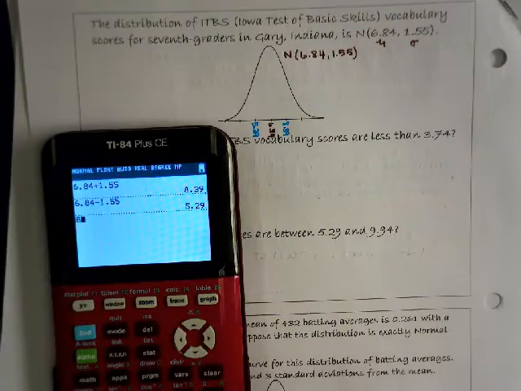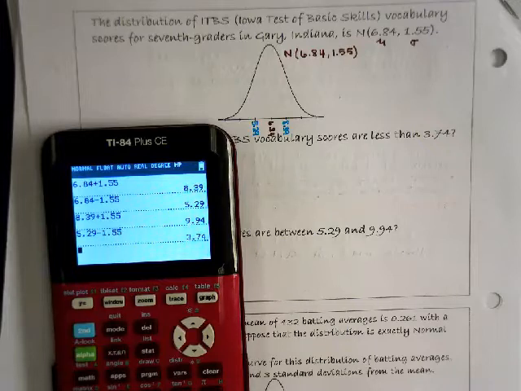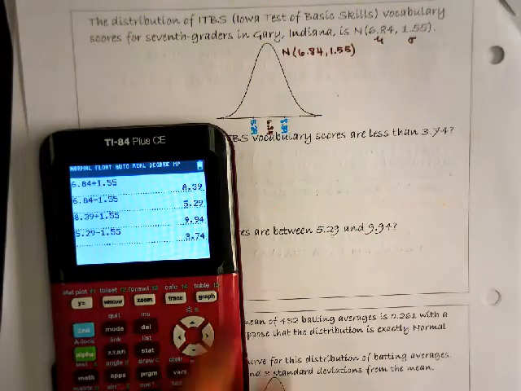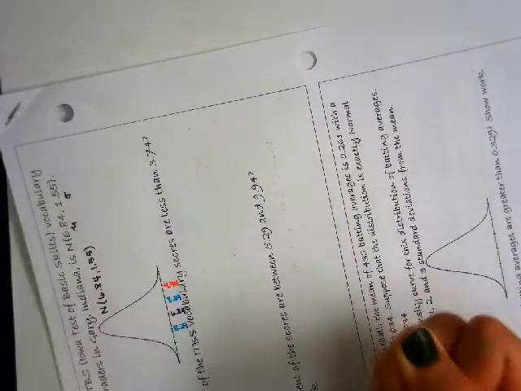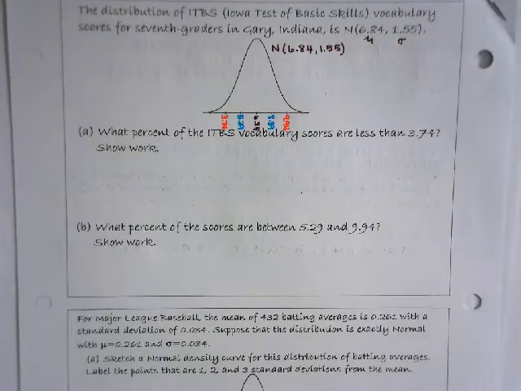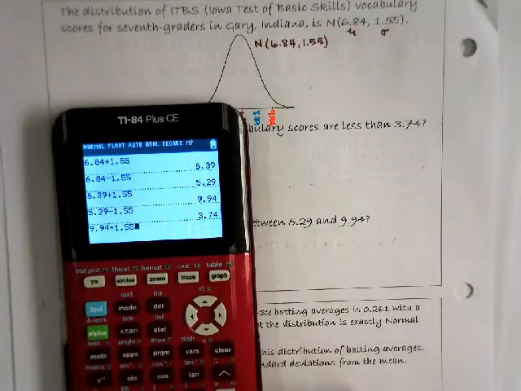So if I go 2 above, I'm at 9.94, 2 below, 3.74. And then I'm going to go one more above and one more below. So 9.94 plus another standard deviation, and 3.74 minus another one. So 11.49 and 2.19.